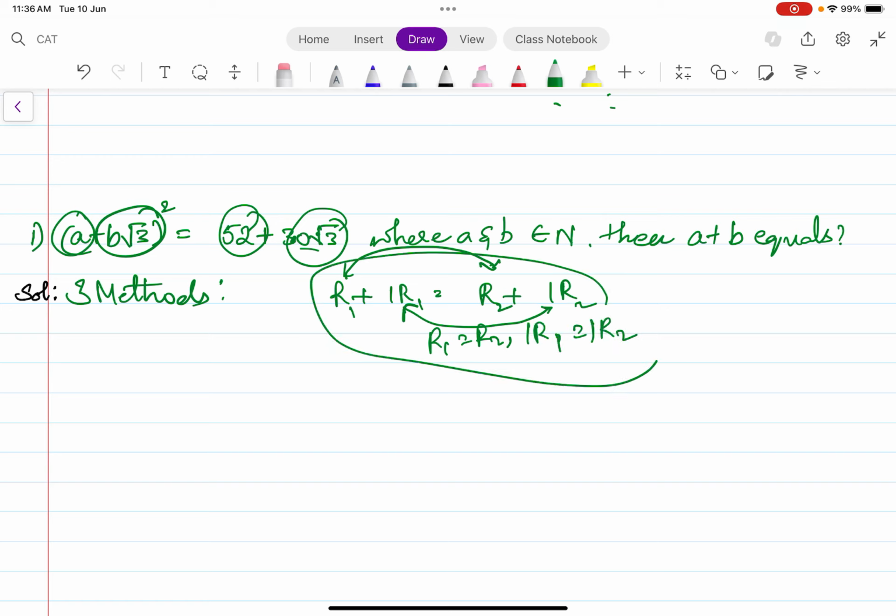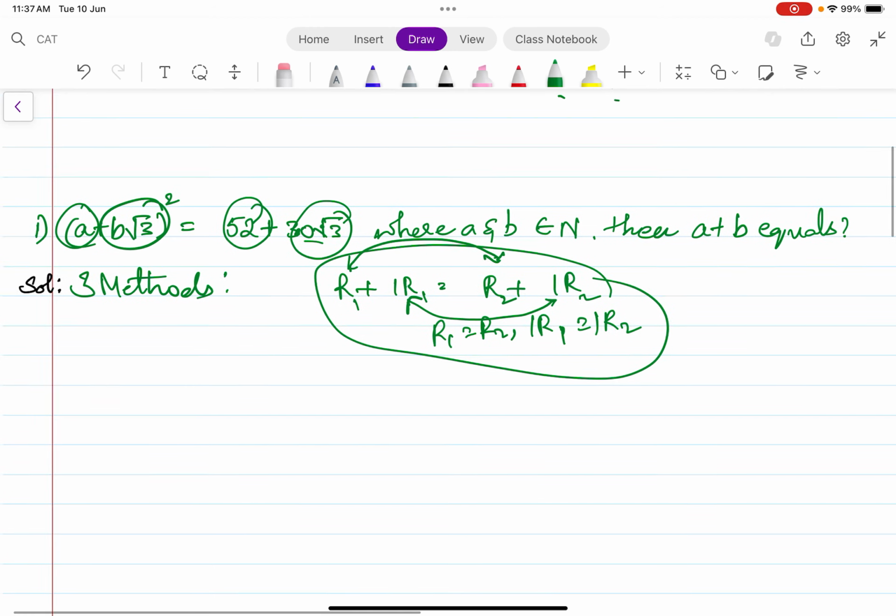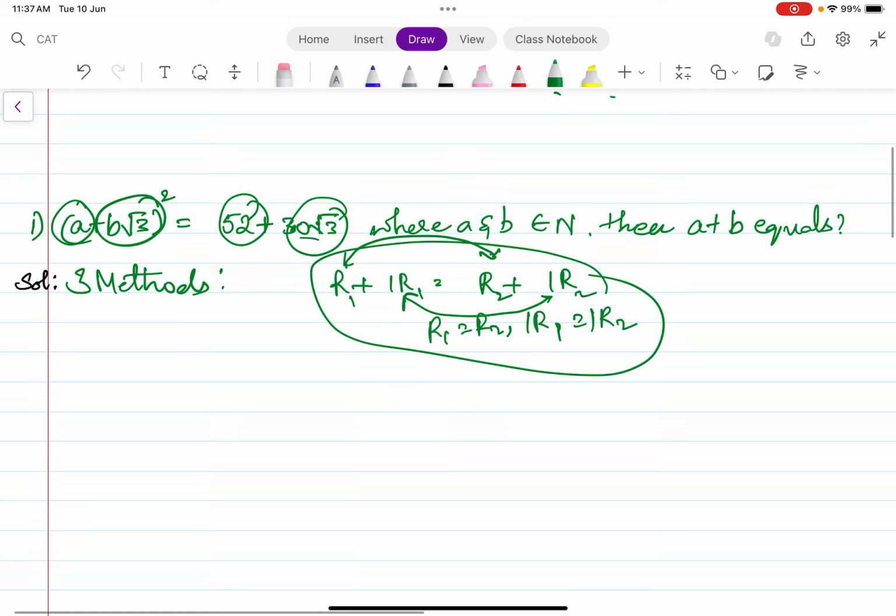So behind this entire problem lies this base logic. So once you understand that, solving this one becomes extremely easy. So let me just expand it and solve it for you. a square plus 3b square plus 2 root 3ab equal to 52 plus 30 root 3.